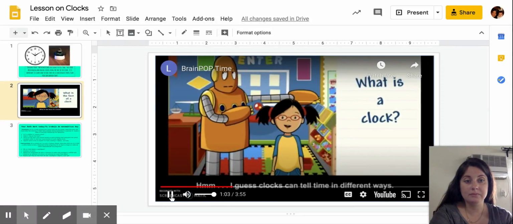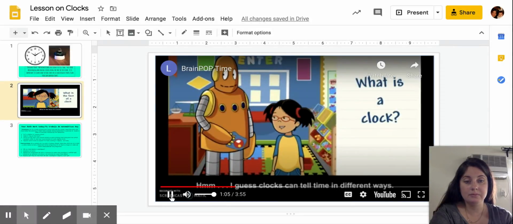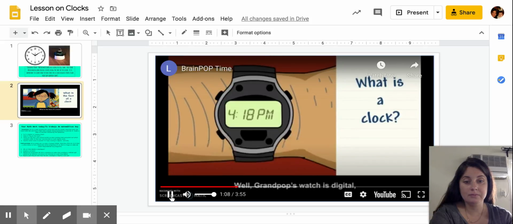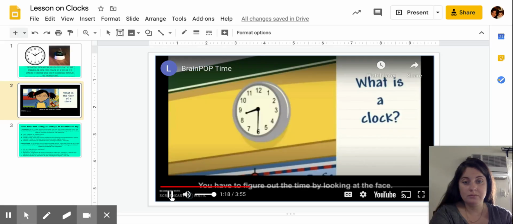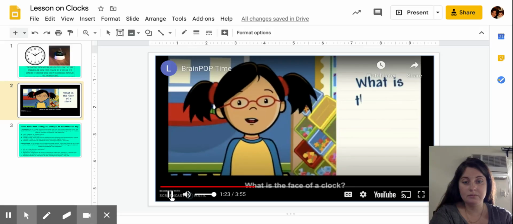I guess clocks can tell time in different ways. Well, Grandpa's watch is digital, and the time is written out in numbers. And Mr. Patchouli says the clock in our classroom is analog. You have to figure out the time by looking at the face. What is the face of a clock?